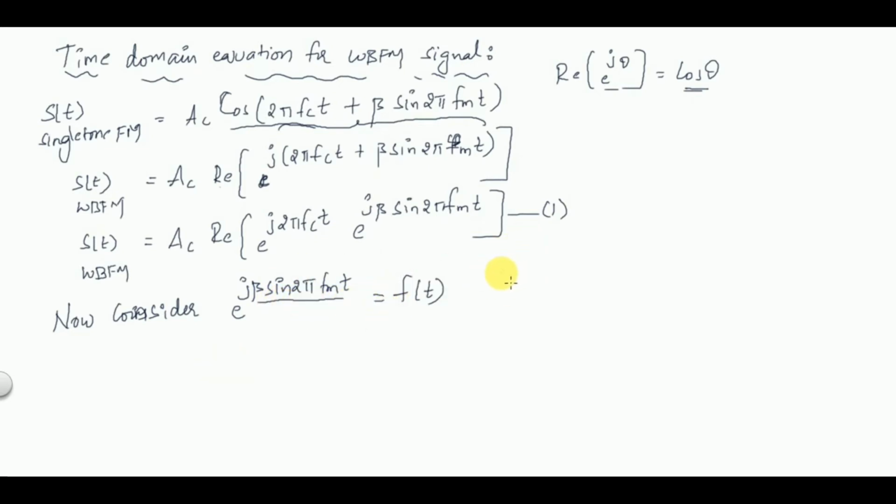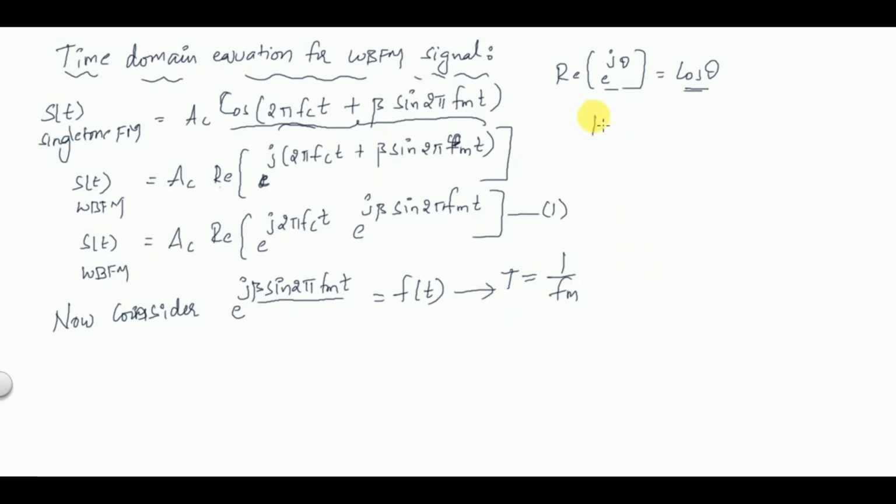We know that e power j omega t is a periodic signal. Here the frequency is FM, so it is a periodic signal with T equal to 1 by FM.